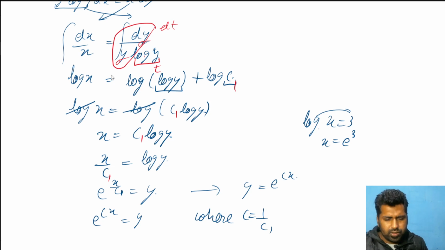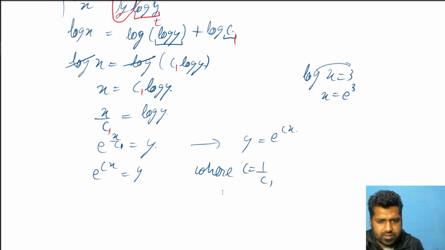Don't try to emphasize so much on the constant manipulation part. c, 1 by c, c square, c cube, anything is another constant c. Any operation directly on c is same as constant c. Just remember that, and you'll be comfortable with the answers now.